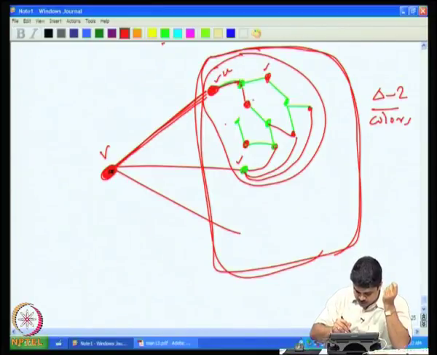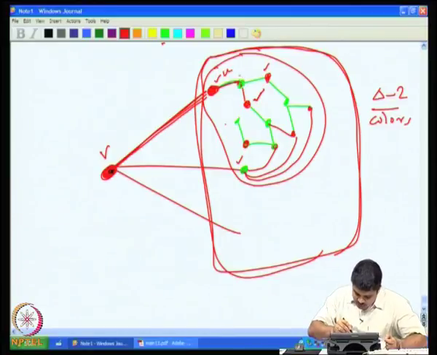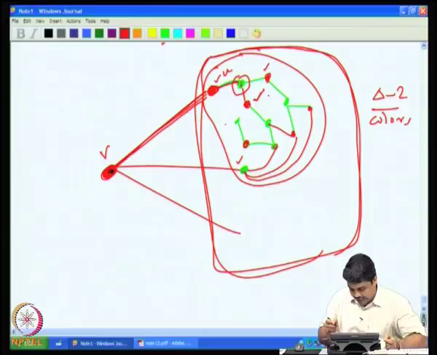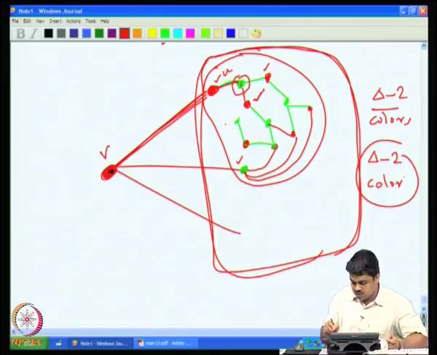So this is already a red neighbor and there are two more red neighbors. So out of the delta neighbors this has, three of them are red, which means only delta minus 2 colors are used, right? Total delta neighbors, out of that 3 are using the same color, so delta minus 2 colors are used around in its neighborhood.